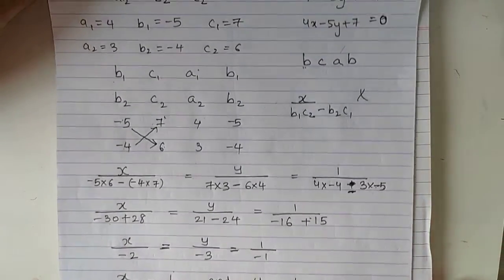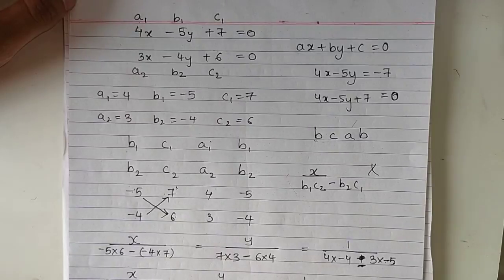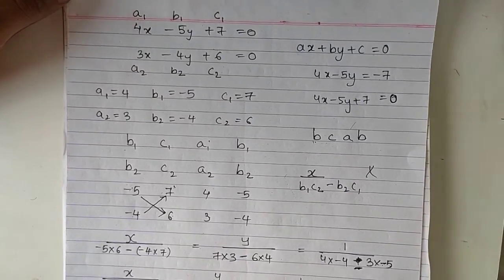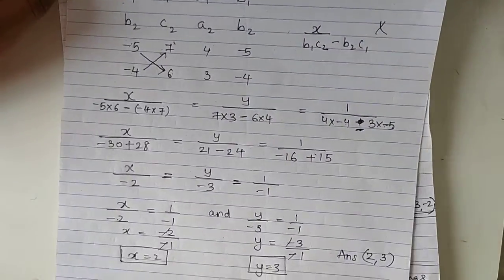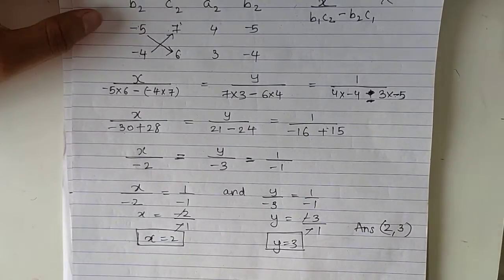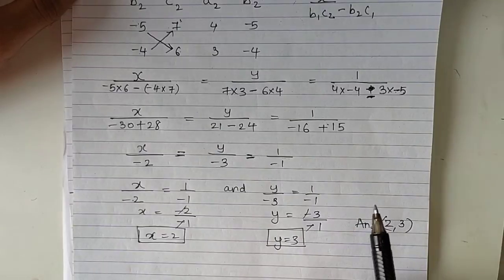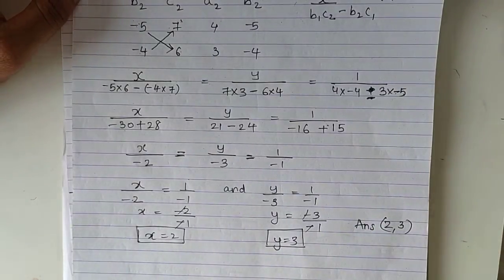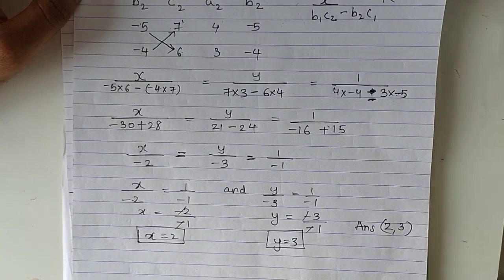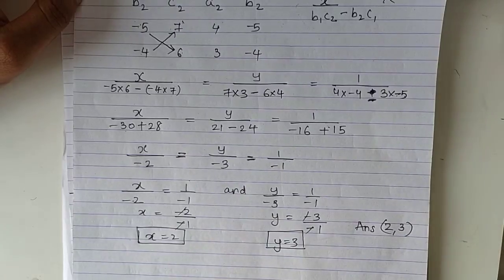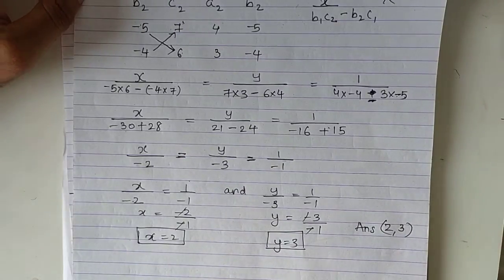Okay. So this is done now. I'll do one more sum. There are a total of 4 sums in the book. I'll do 2 sums and you do 2 sums.